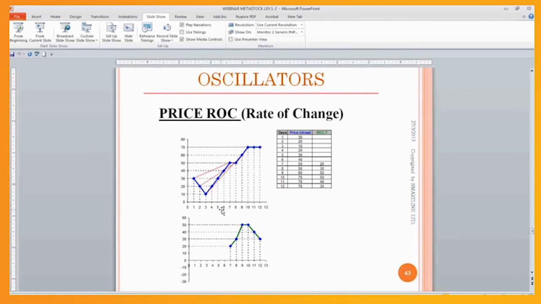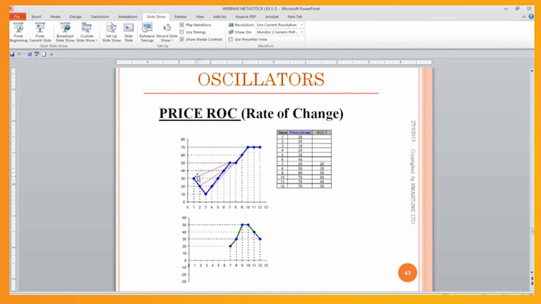So let's suppose that we are creating the ROC 7, which is actually the rate of change for the last 7 days. So we have 1, 2, 3, 4, 5, 6, 7 days. So on the 7th day, we make a very simple calculation. We are using the close of this day, and we deduct the close 6 days ago.